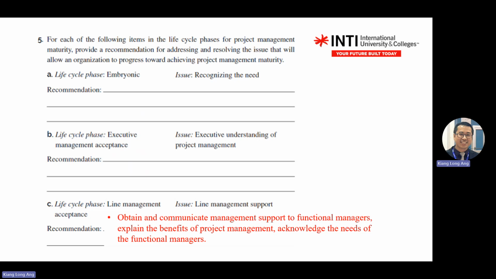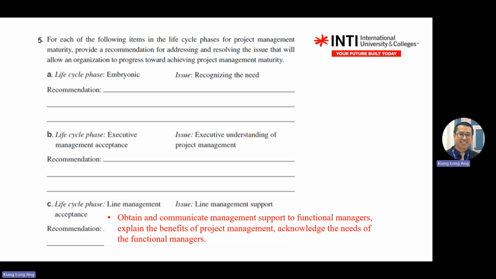Focus your answer on communication. You communicate with the functional manager. Then how you communicate, what you communicate. You explain the advantages or benefit of project management. Then also acknowledge the needs of the functional manager.